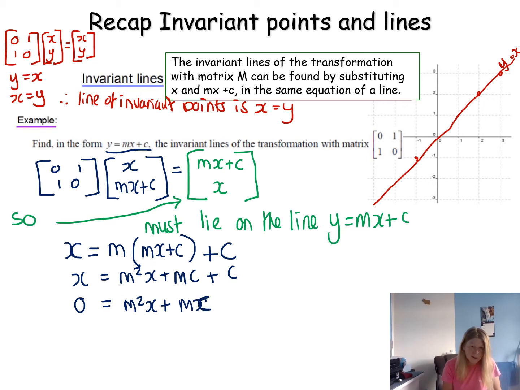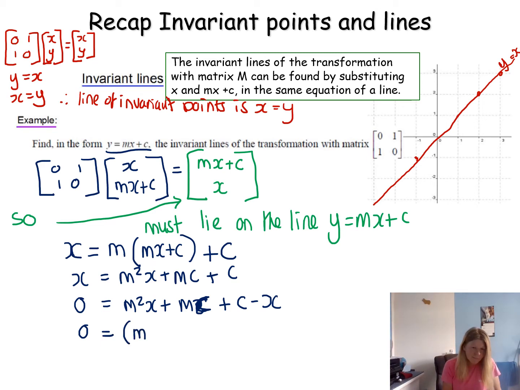Oh, the wrong thing. That's a c. Oh dear. c plus c minus x. Right. Okay, so what should we do now? We'll try and pull out the x terms, so take x out as a common factor there.